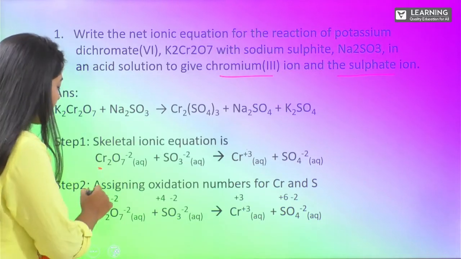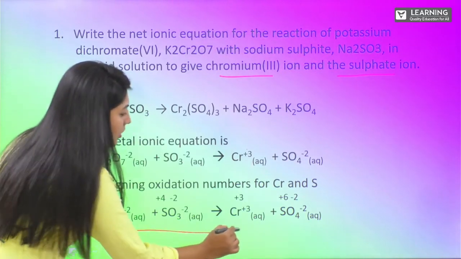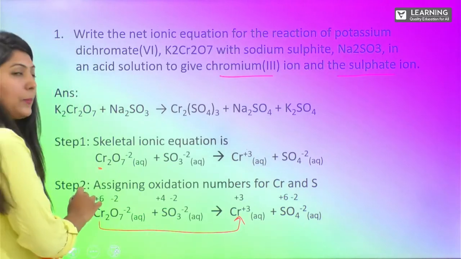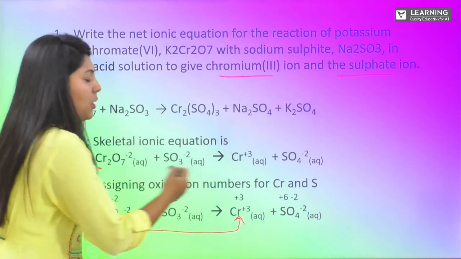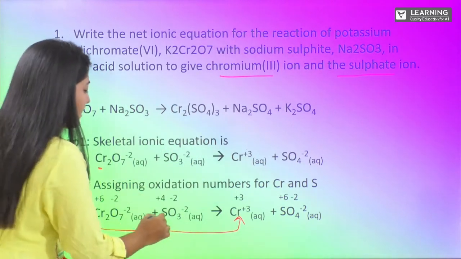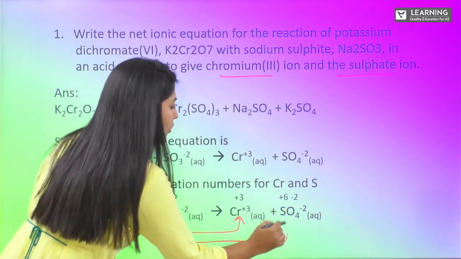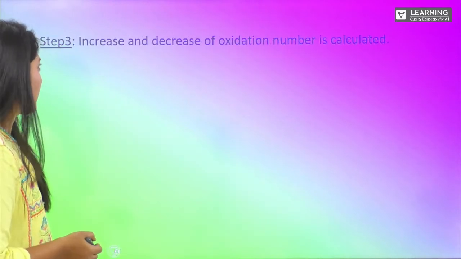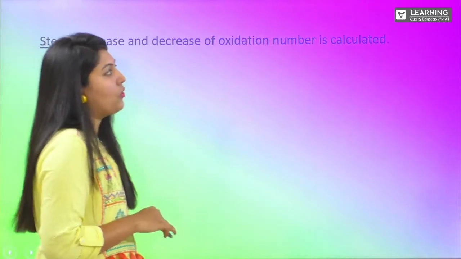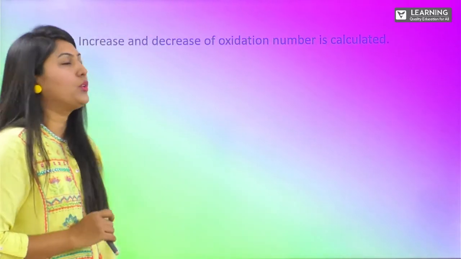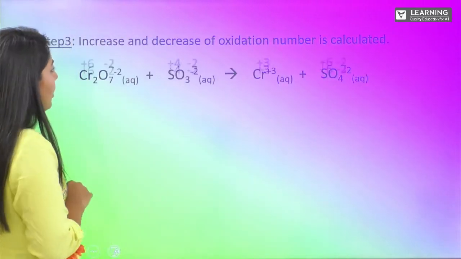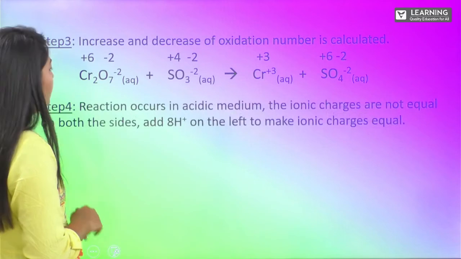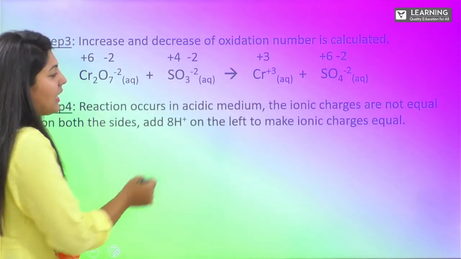So chromium has been reduced from +6 to +3, whereas sulfur has increased from +4 to +6. So we need to calculate the increase and decrease of oxidation number. After calculating, we get to know the reaction occurs in acidic medium.